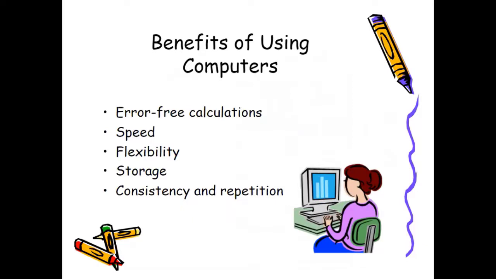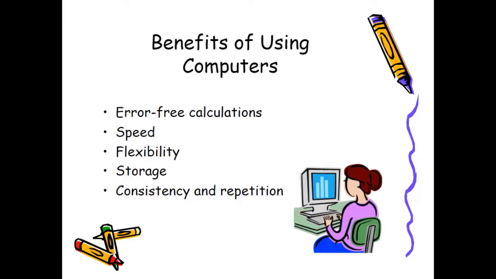And we have talked about the benefits of computers, and why we are using computers. It is error-free: we can commit mistakes in calculations, but the computer is very accurate and cannot make mistakes.